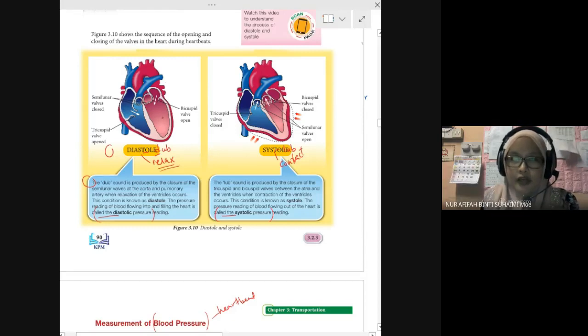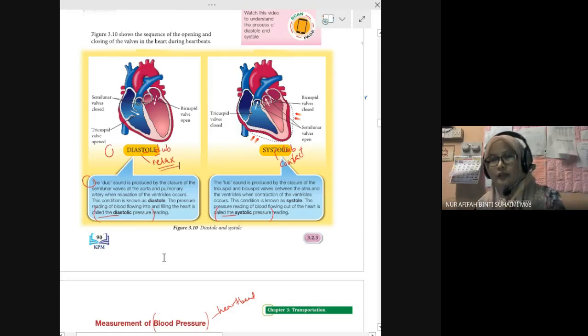When your heart is relaxed, the diastole reading will be formed on the sphygmomanometer. We have an instrument to measure the blood pressure that we call a sphygmomanometer. The second one is systole.